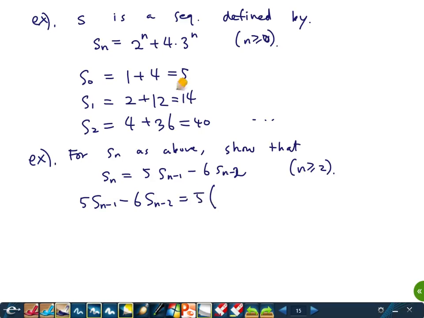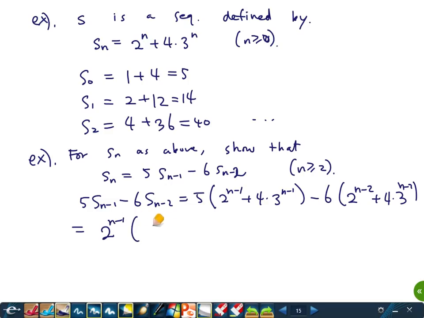This is 5 times 2 to the n minus 1 plus 4 times 3 to the n minus 1, minus 6 times 2 to the n minus 2 plus 4 times 3 to the n minus 2. Just compute this. If you combine the 2 to the n terms, we have coefficient 5, and 6 is 2 times 3, so the coefficient will be minus 3.